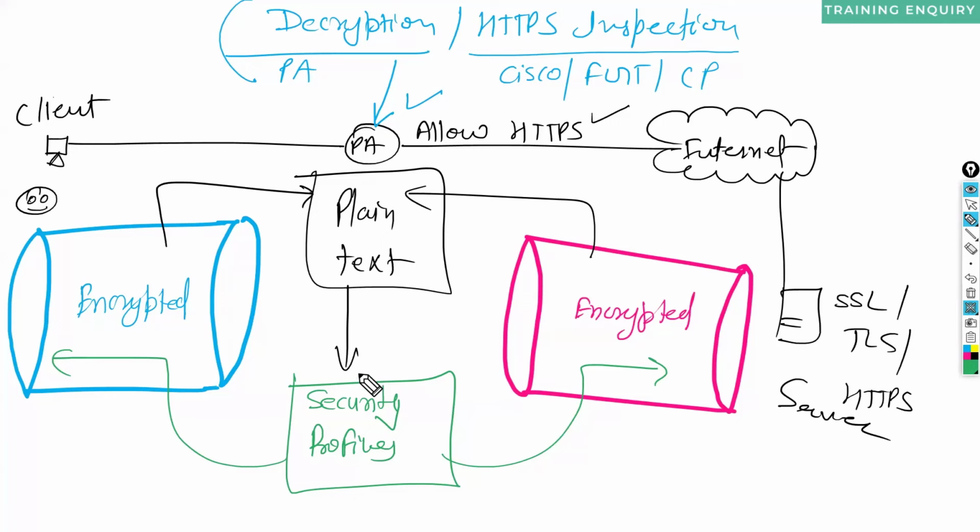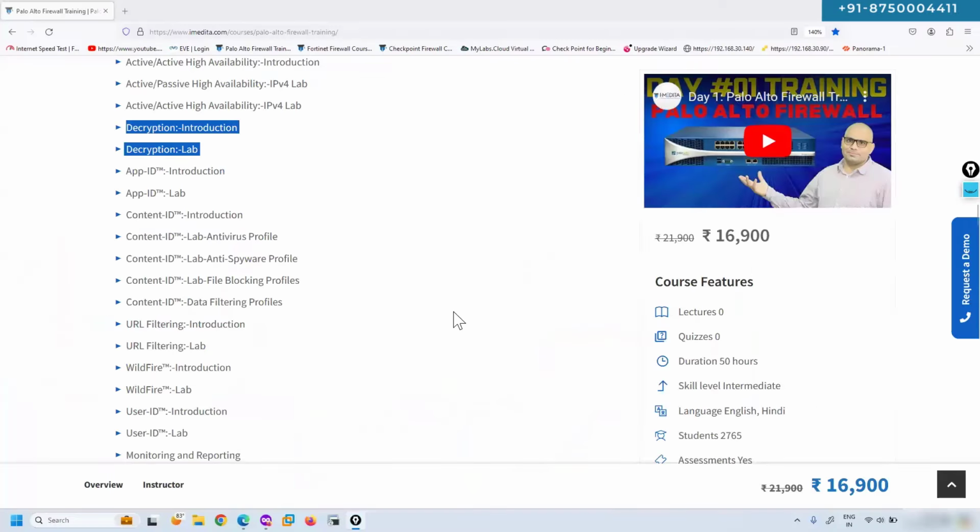If something is suspected, we can block that, we can stop that with the help of security profiles. So this thing we will learn at the place of decryption. Again, I'm saying, with the help of decryption, we can convert encrypted data into plain text. That's it.